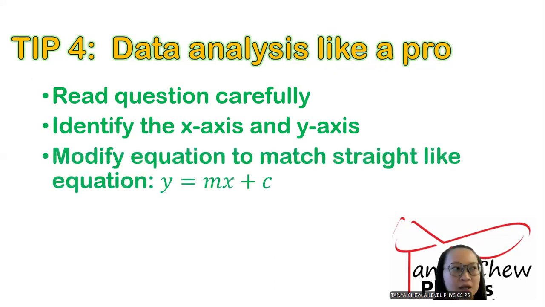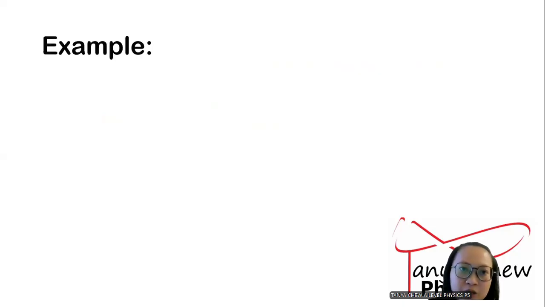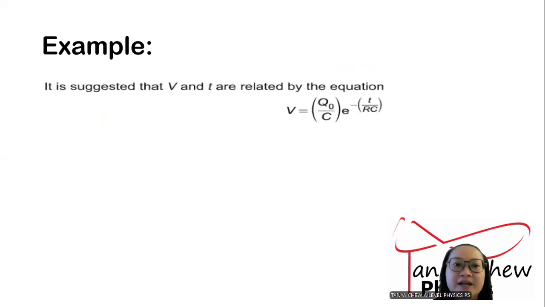And then if you need to, you have to modify the equation to match the straight line equation. Now, the straight line equation is y equals mx plus c. m represents the gradient, c represents the y-intercept. So for example, this is another question. V and t are related by this equation.